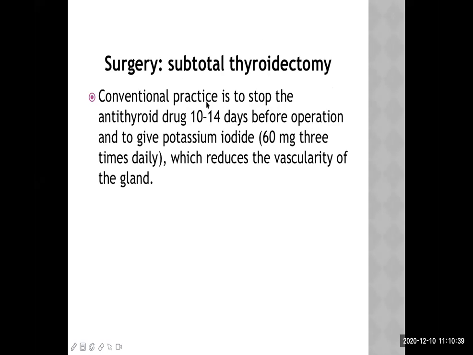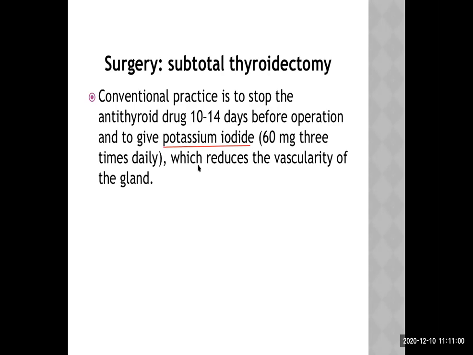So conventional practice is to stop the antithyroid drug about 10 to 14 days prior to surgery and give potassium iodide, around 60 milligram 3 times daily, which reduces the vascularity of the gland. So let me explain this point for you, because this may be asked sometimes in the exam. This potassium iodide is a drug.